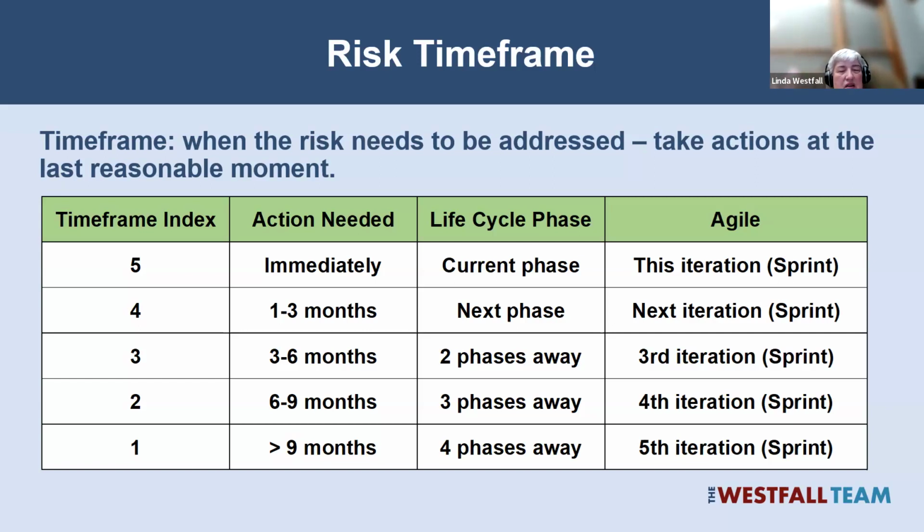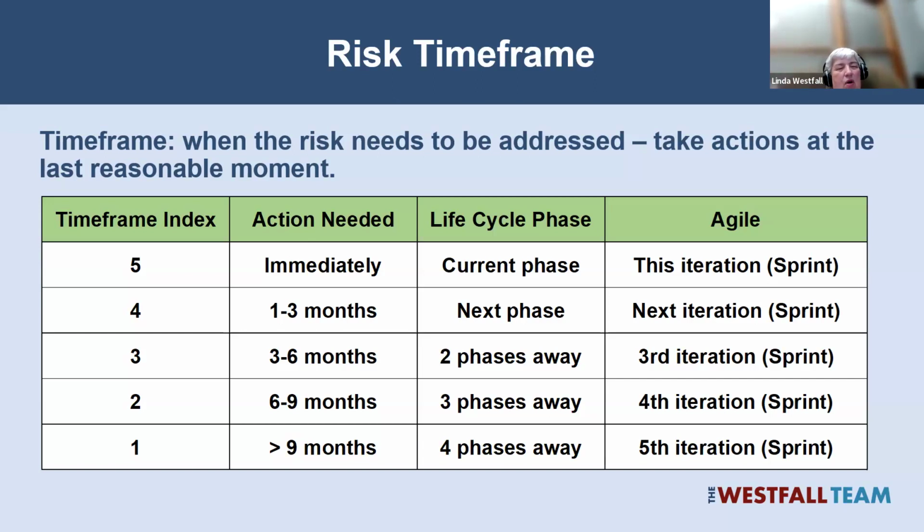These are project risks, so if it's in the current phase of the project, we're going to score it a 5. If it's 4 phases away, we're going to score it a 1, because you don't want to take action too early. The project may get canceled and you spent that money mitigating the risk for nothing. Or the risk may get smaller and smaller.